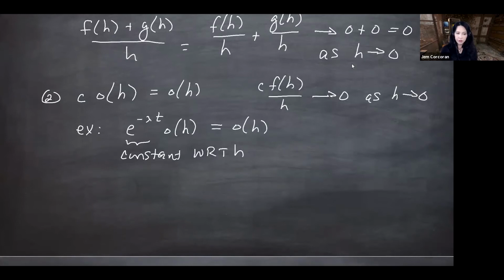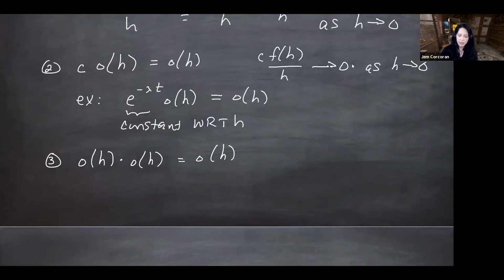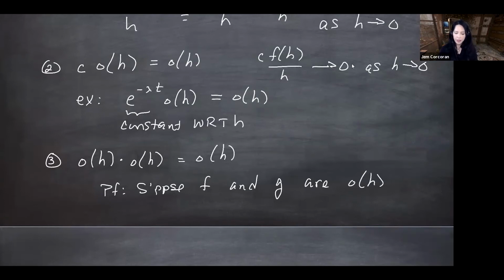Just 2 more, and then we can get back to the Poisson process, and then we'll get more practice with this stuff. But little o of h times little o of h is little o of h. So to prove this, you really want to take 2 functions that are little o of h. So suppose f and g are little o of h.